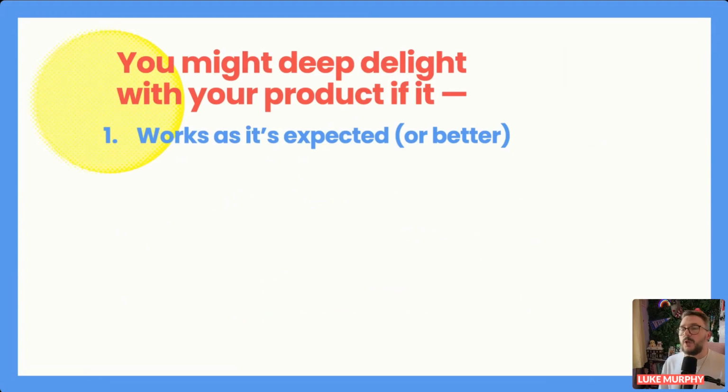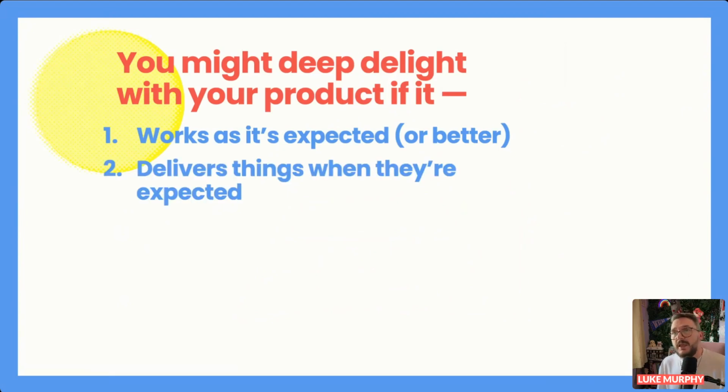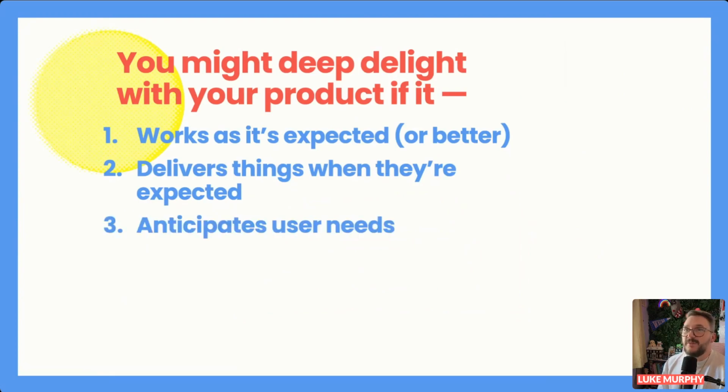You'll only be able to effectively satisfy someone if your product delivers on functionality, reliability, and usability. That is, if your product works as it's expected to, or surprises the user by working better than it's expected to. If it delivers the information that's required when it's required, if it anticipates the user's needs and gets them right, very importantly.